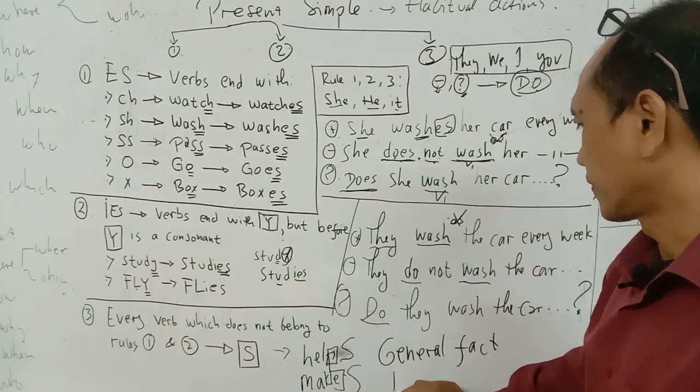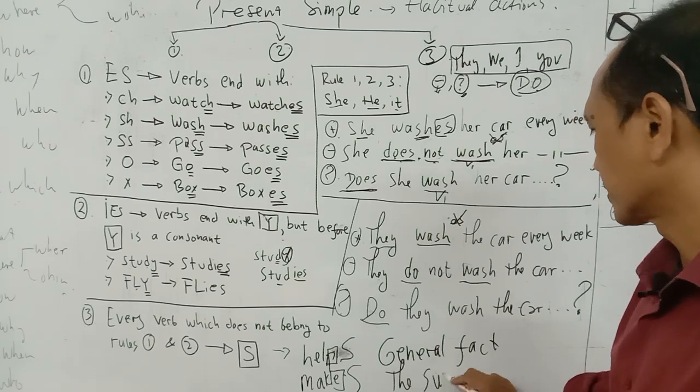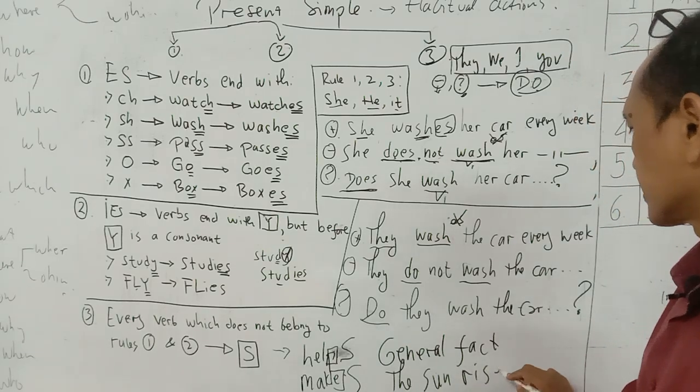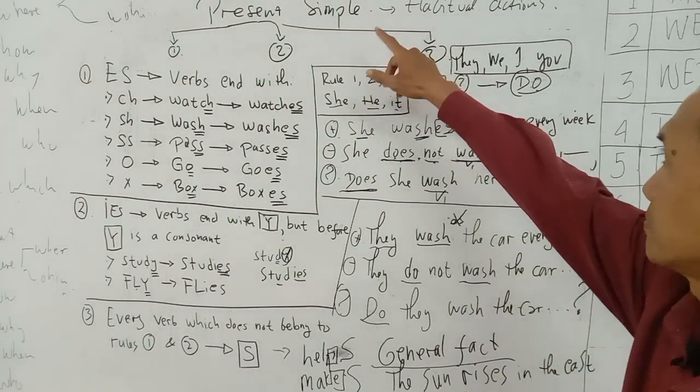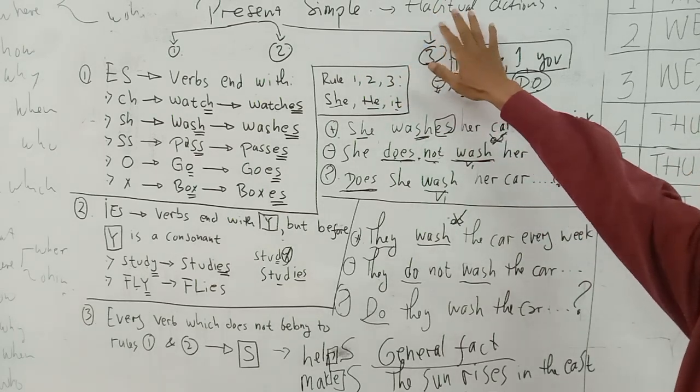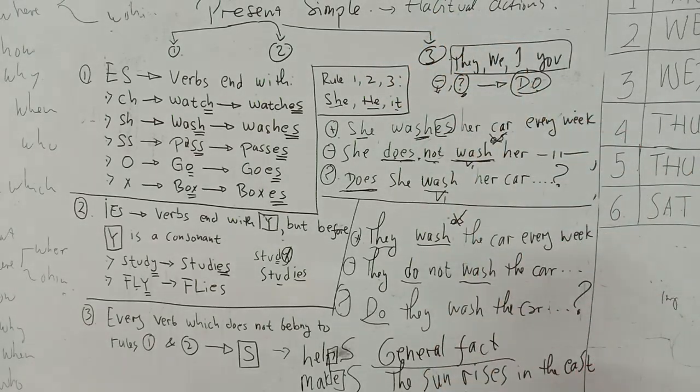Let's say, the sun rises in the east. Okay, the sun rises. This is a general fact. So the sun rises in the east. Matahari terbit di timur. Okay, so present simple is for habitual actions and for general fact.